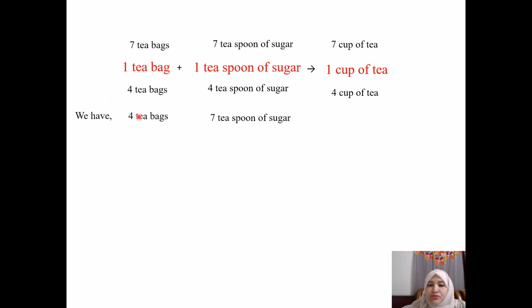That means we don't have 7 tea bags. That means making 7 cups of tea is not possible. Only 4 cups of tea can be made.